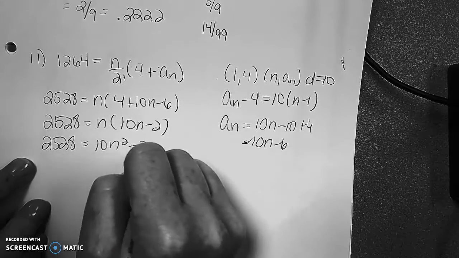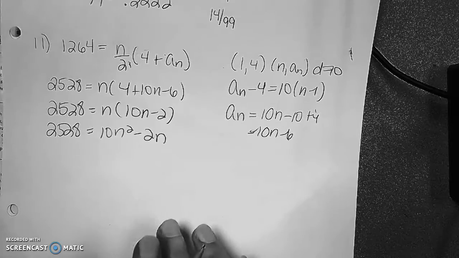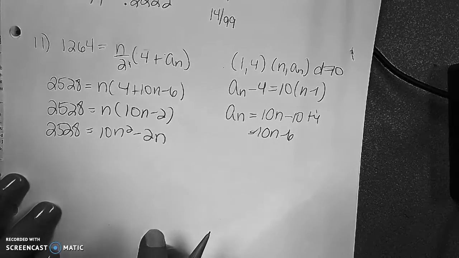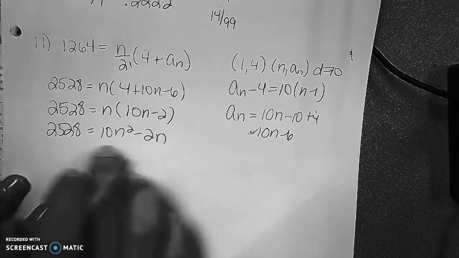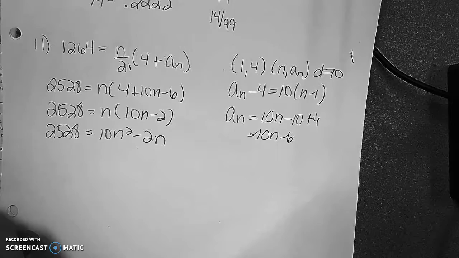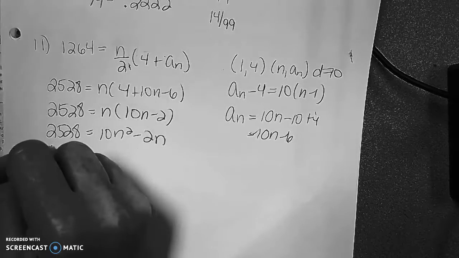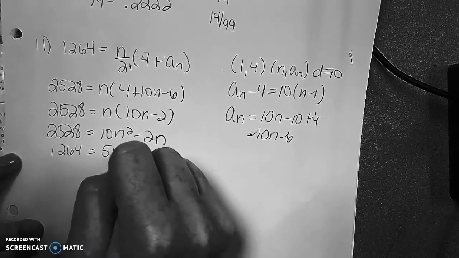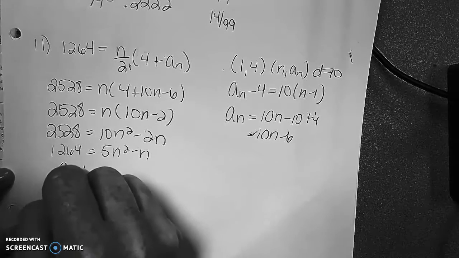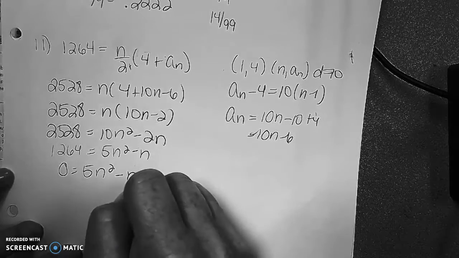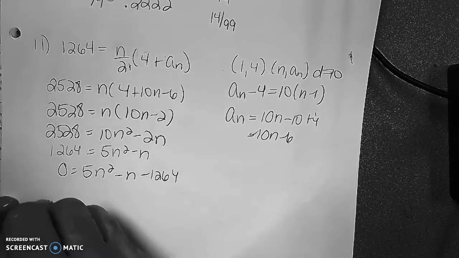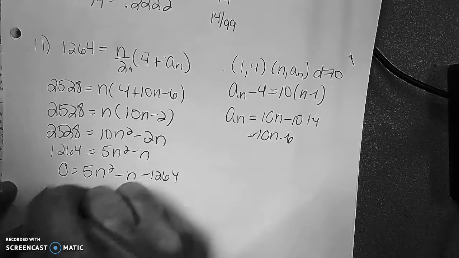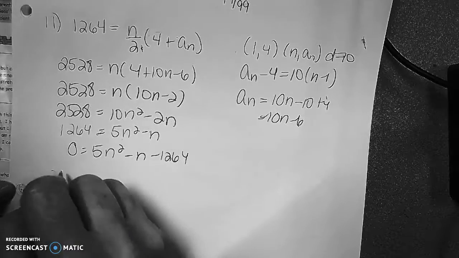10n squared minus 2n. So I've created a quadratic equation. I know ultimately I'm going to set it equal to 0. I also notice that each of these share a 2, so I'm going to divide by 2 so I work with lower numbers everywhere. And then I'm going to set it equal to 0. From here, I can use the quadratic formula. It's not x equals, it's n equals.